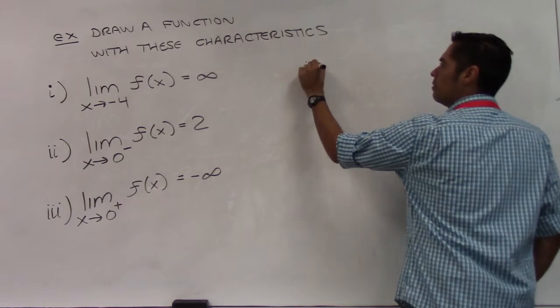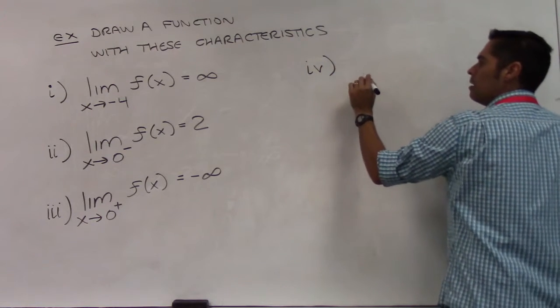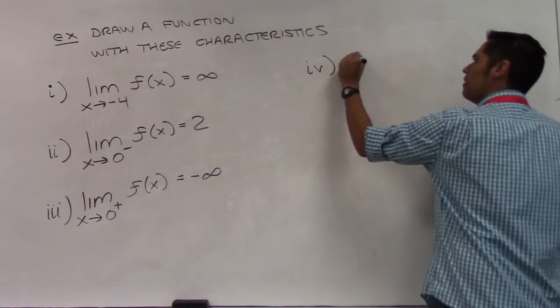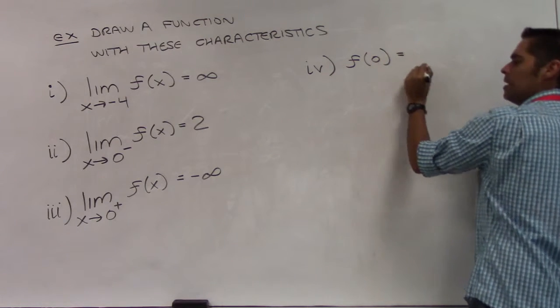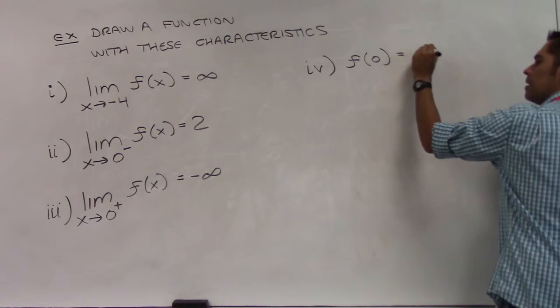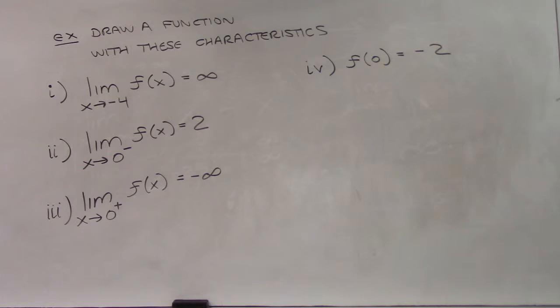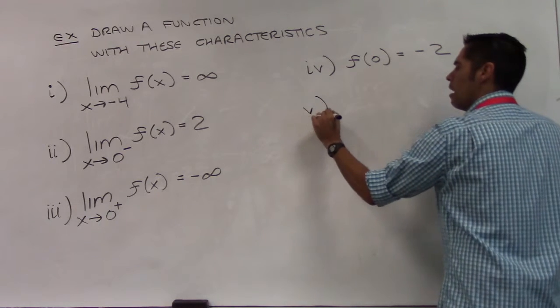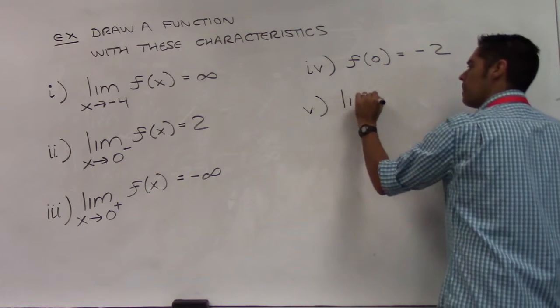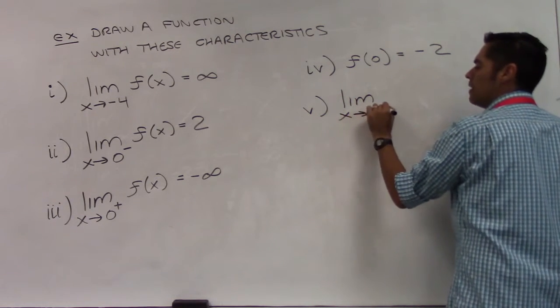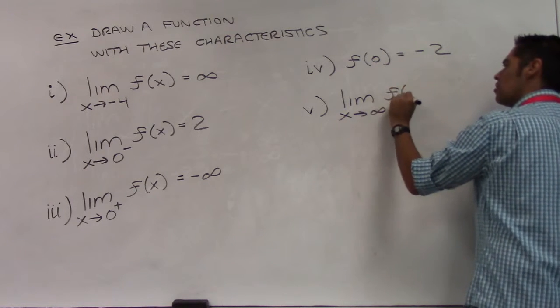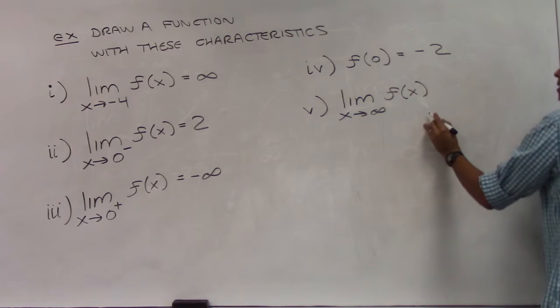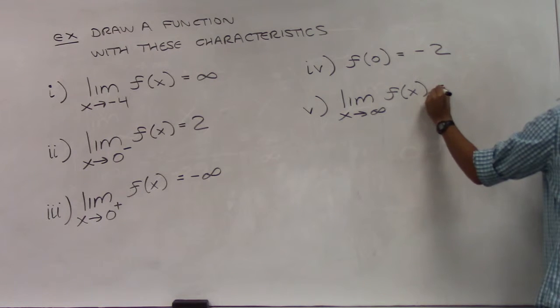Oh yeah, it's going to be kind of messy. I want f of 0 to be -2. I want the limit as x goes to infinity of the function to be equal to 1.